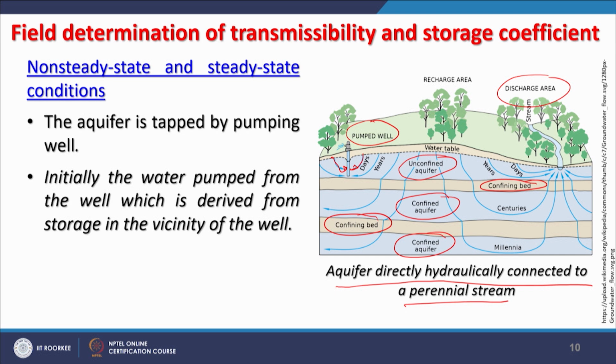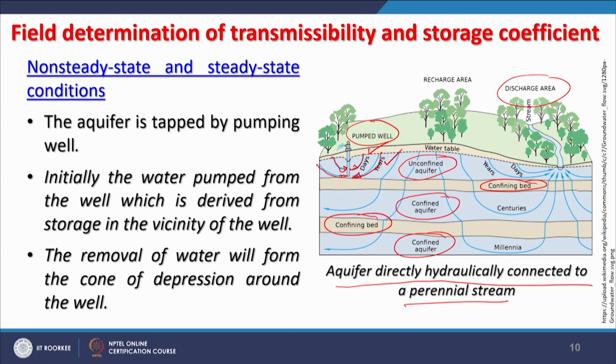But as pumping goes on and no sufficient recharge is taking place, the cone of depression will become larger and larger, and the areal extent will also increase. Initially it is days, then it goes to years.